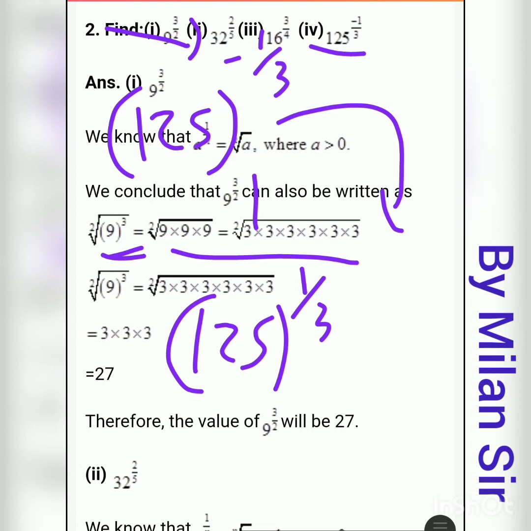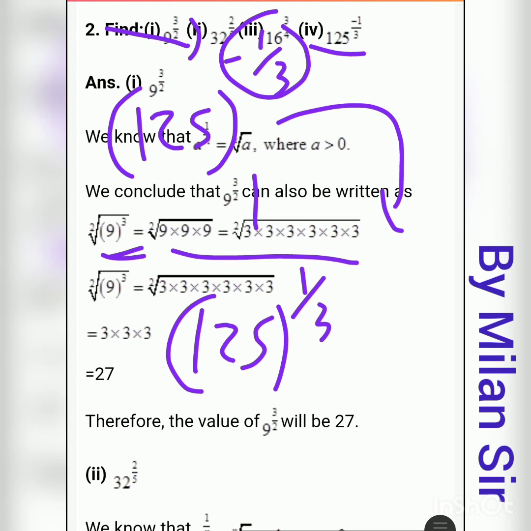Right now 125 raised to minus 1 by 3 is in the numerator. So if we transfer it to the denominator, the sign of the exponent changes.